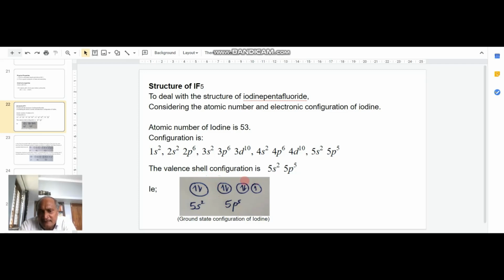Whereas the 5p5 electrons are 2 electrons in 5px, 2 electrons in 5py and only 1 electron in the 5pz orbital. So this is the ground state configuration of iodine.